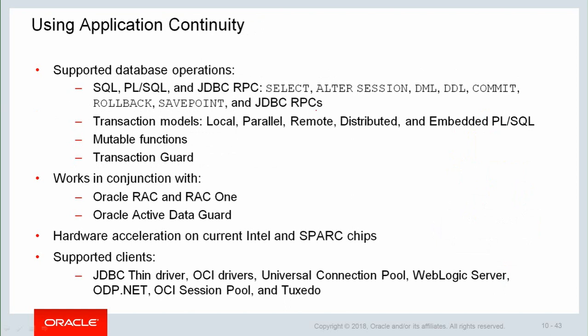The supported database operations are SQL and PL/SQL through transaction guard. It works with RAC, RAC One Node and Active Data Guard, and also hardware acceleration on current Intel and SPARC chips. And here are the supported clients. In 12c, there are more supported clients available.